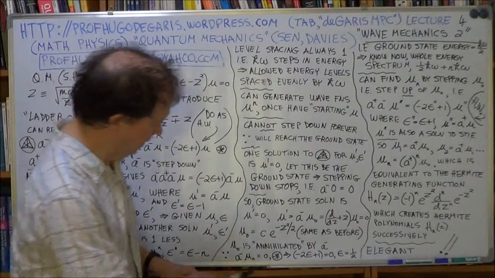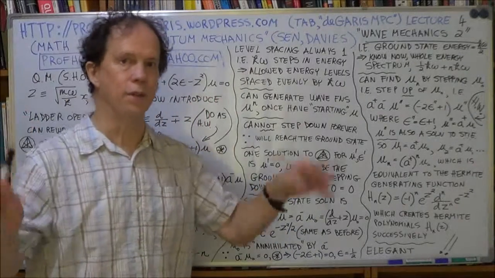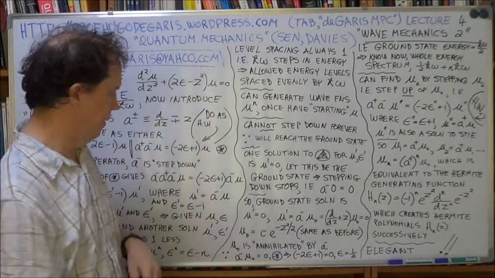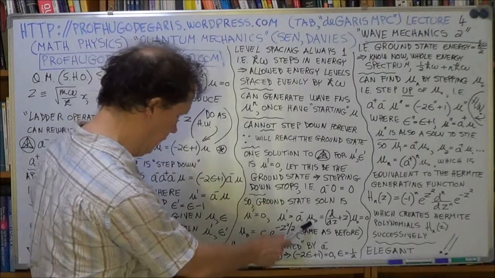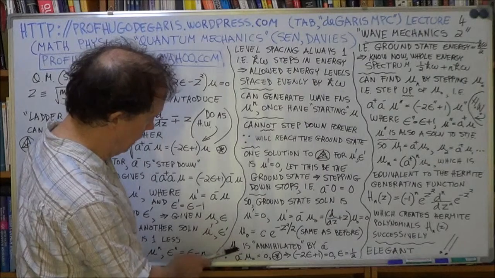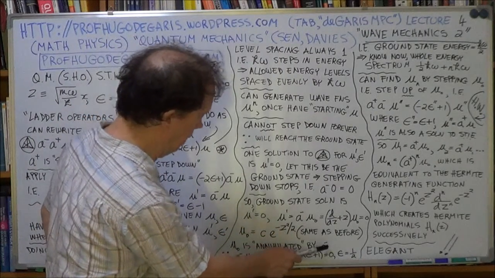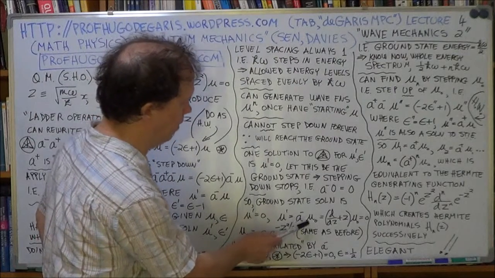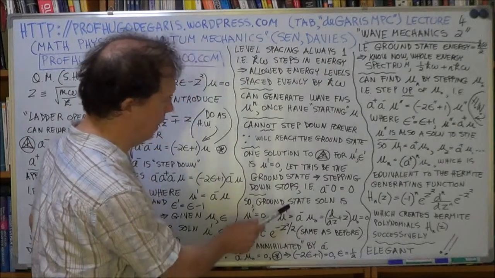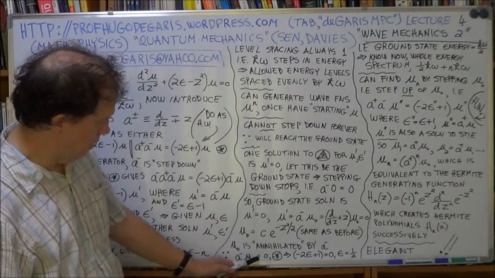So applying this operator a minus kills or annihilates this state, right? So you can say that this u naught here is annihilated by a minus, because when you apply a minus to that state, you get nothing. So a minus u naught is just 0.